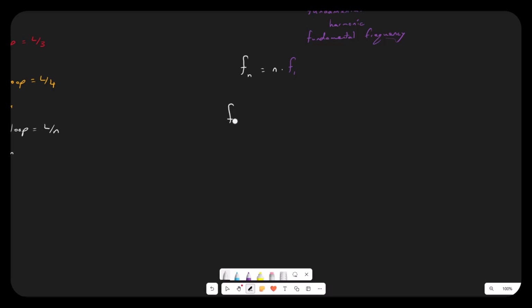Let's say I have the frequency of the nth harmonic. And maybe I have a whole lot of loops on this string and I don't want to count them. But I can say that the frequency of whatever harmonic that happens to be is 175 hertz.